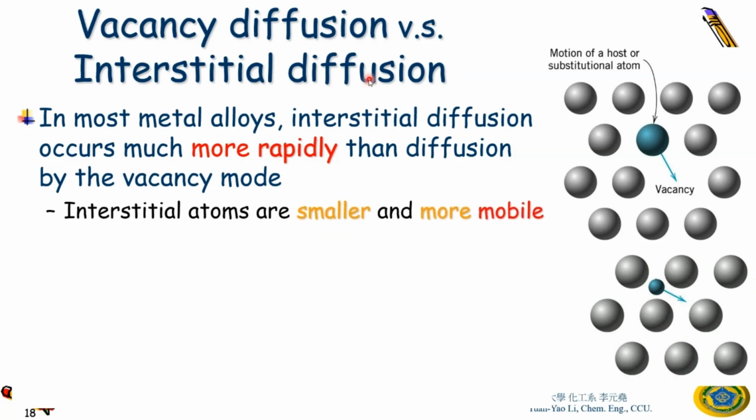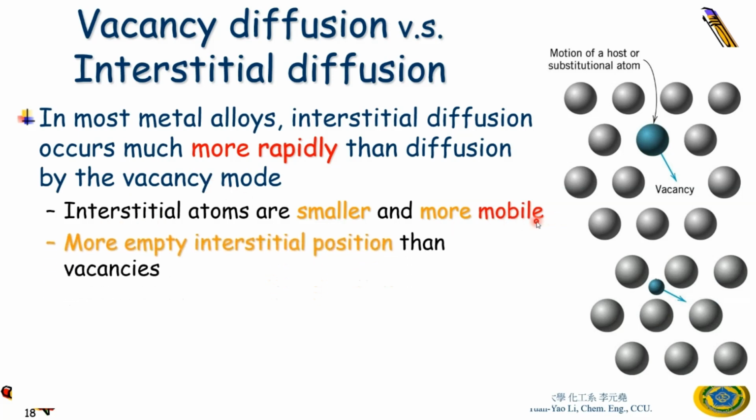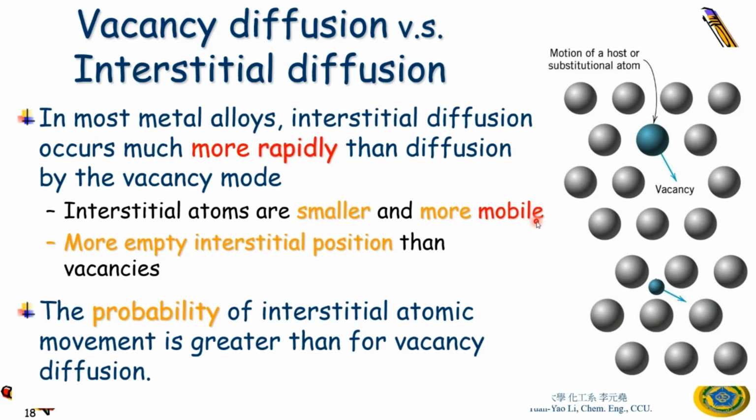So interstitial diffusion will be more rapid than diffusion by the vacancy mode, right? Because interstitial atoms are smaller and more mobile. There are more empty interstitial positions than vacancies. The probability of interstitial atomic movements is greater than for vacancy diffusion.